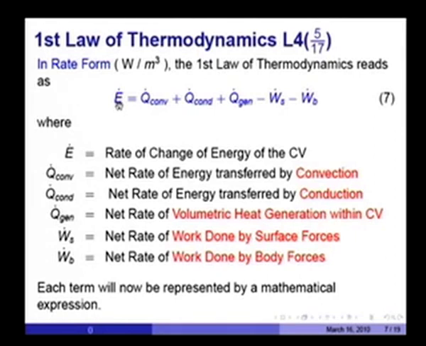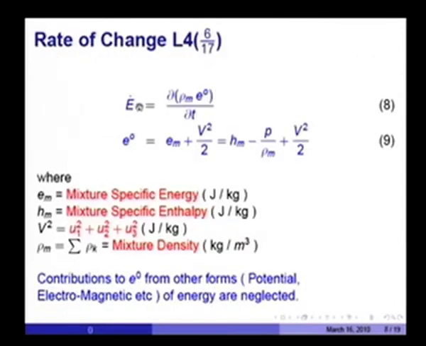So, let us consider the first term E dot. That would simply be d by dt of rho m E naught, the total energy, divided by dt. The total energy is the sum of static energy plus kinetic energy, and the static energy by a thermodynamic relation is nothing but enthalpy minus P into specific volume, or P divided by rho m, plus V squared by 2.